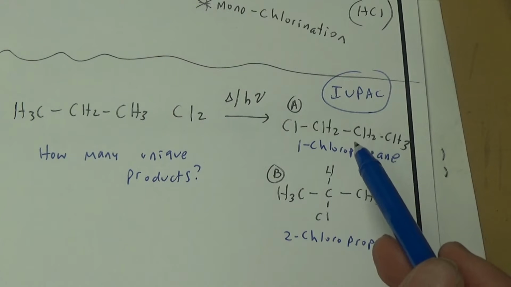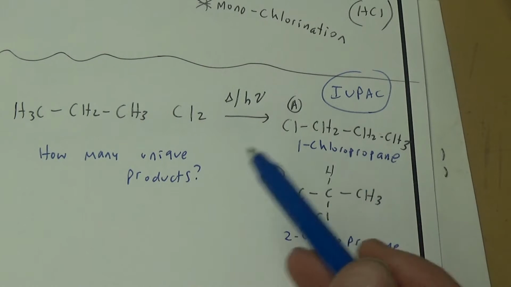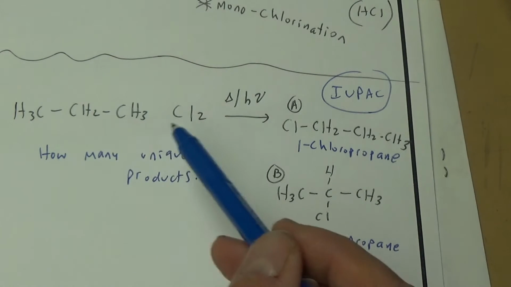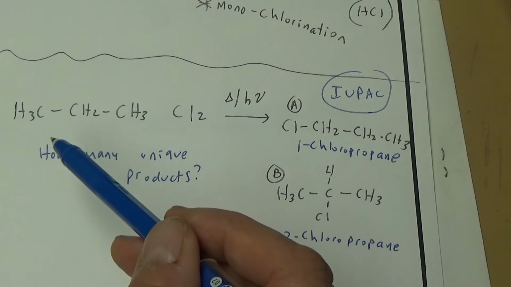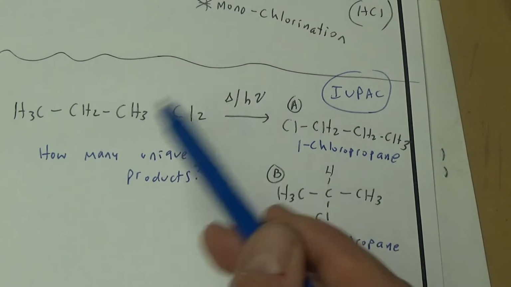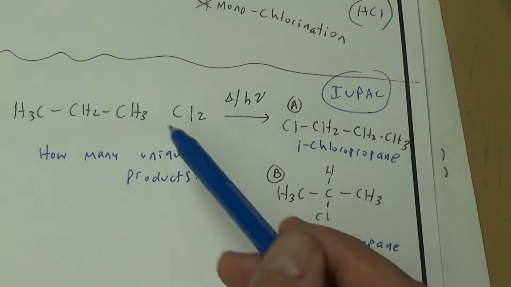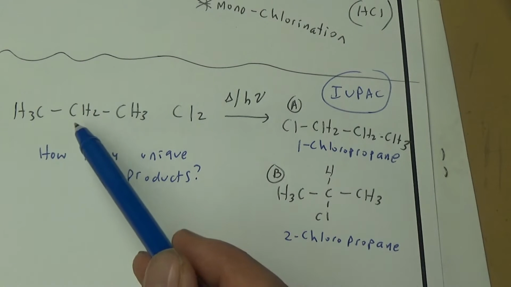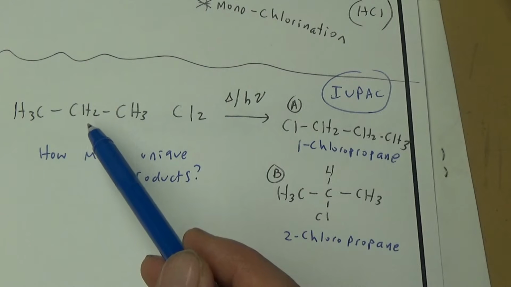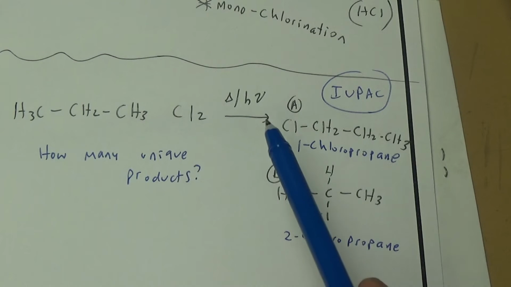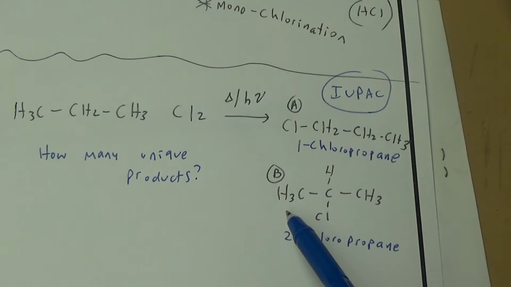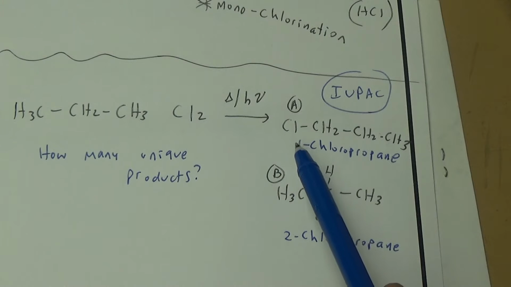If all of the reactions with the chlorine happened statistically equally, based on equal probability of the different hydrogens reacting equally, what would the ratio of A to B be? Like, how much would I expect of A and B?